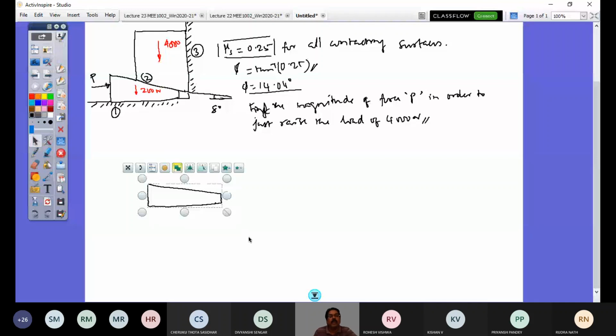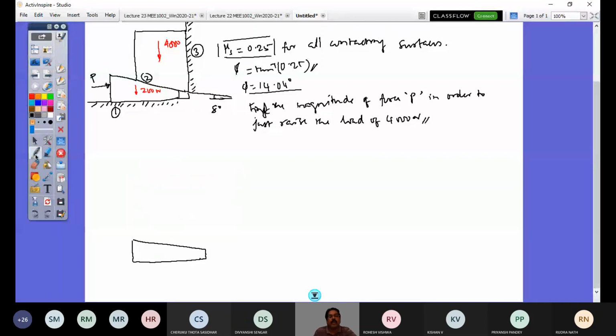And we have the load here. Let me draw, then you will understand. So this is the load, right? So this angle and this angle is 8 degrees.